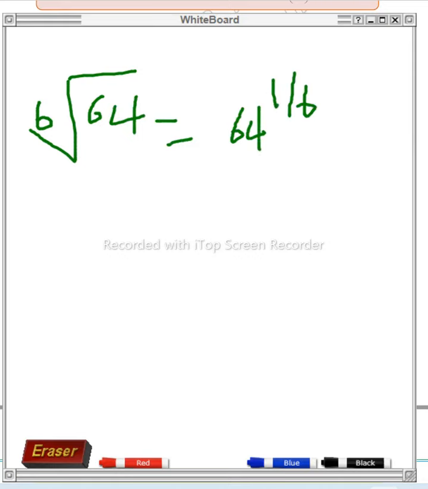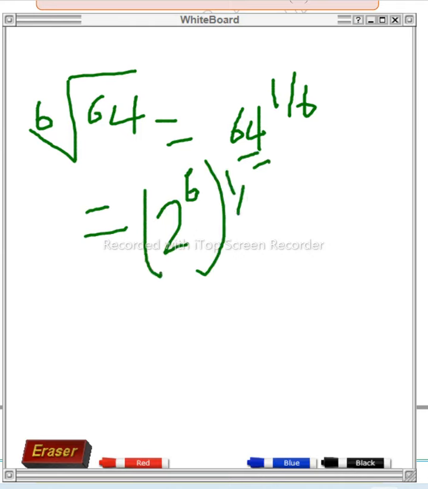And 64 means 2 to the power of 6. So here we have the power of 1 over 6, and 6 is cancelled by 6. We get finally 2. So our answer is 2 for C.